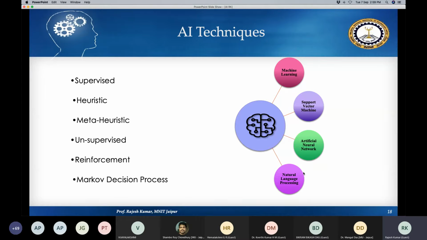Another one is the Markov decision process. This is a decision process where the next happening depends upon the present happening, and there are two most common approaches.